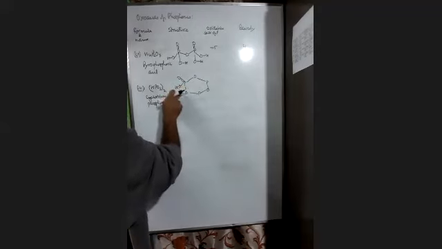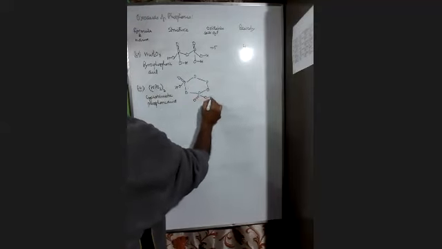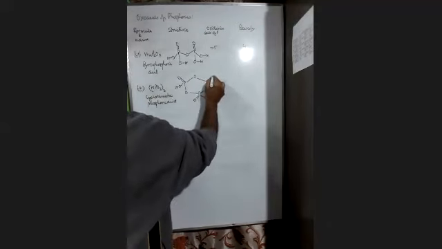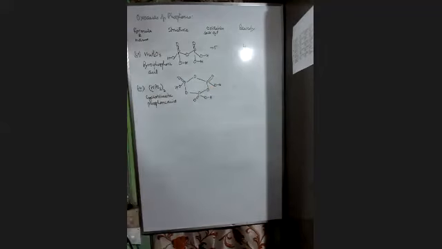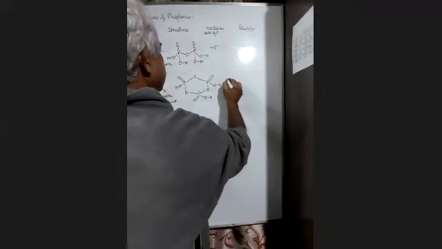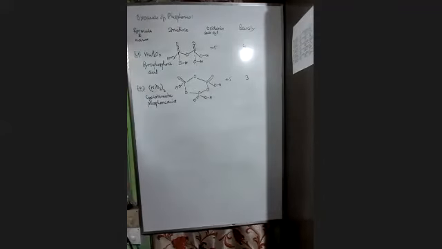See, here also we have the same thing. It's very easy to remember. It is a cyclic trimer. Okay? Yes. The oxidation state is +5, and here it is 3.